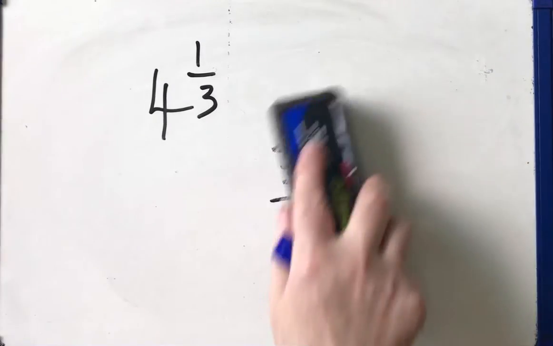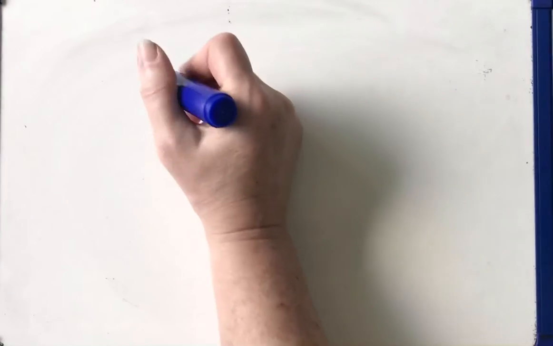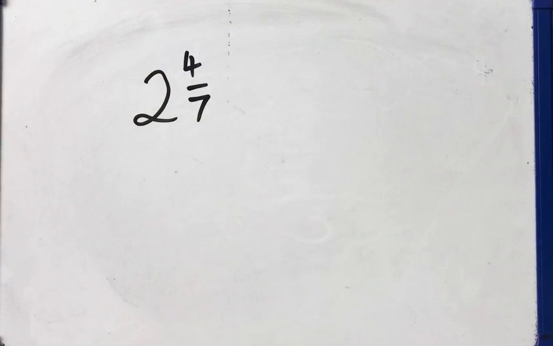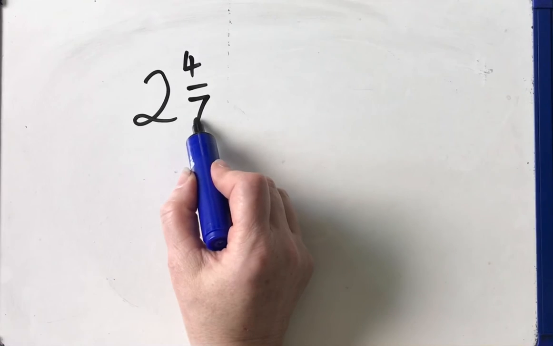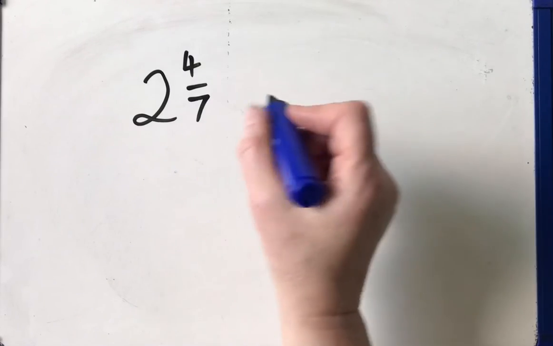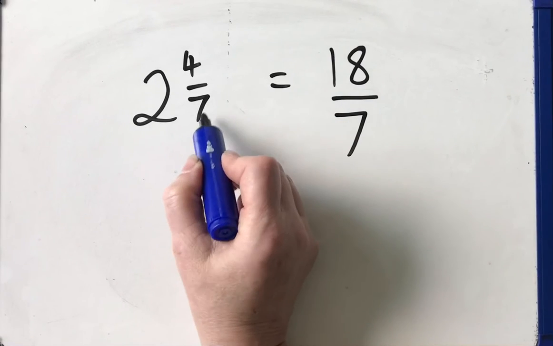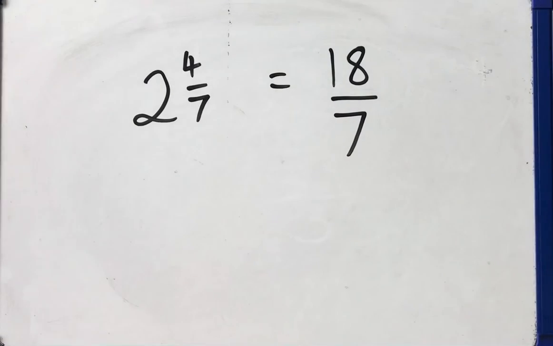Here's another one. 2 4/7, mixed number. I want to change that into an improper fraction. 2 7s are 14. 14 plus 4 is 18, and the denominator is always the denominator of the fraction there.